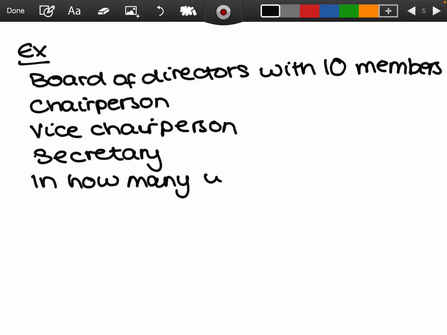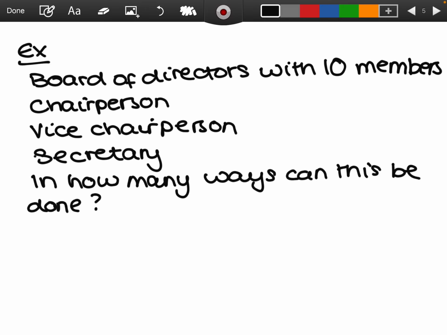The question is, in how many ways can this be done? It doesn't really matter in this case which one you start with. We'll start with selecting a chairperson and work our way down from that.